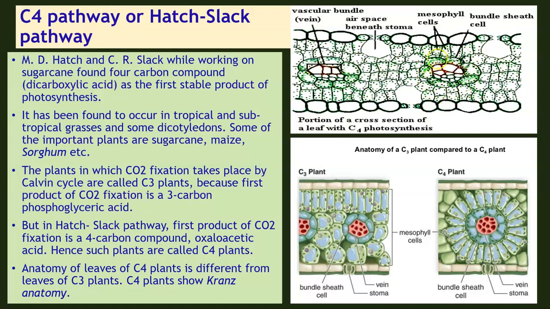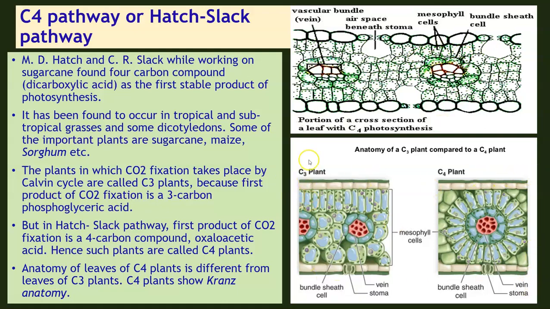Surrounding it, we have the bundle sheath cells, and these are the mesophyll cells around it. Now, the chloroplasts in the bundle sheath cells present here are large, but they have less developed grana, whereas the mesophyll cells located here have chloroplasts that are small but have well developed grana.